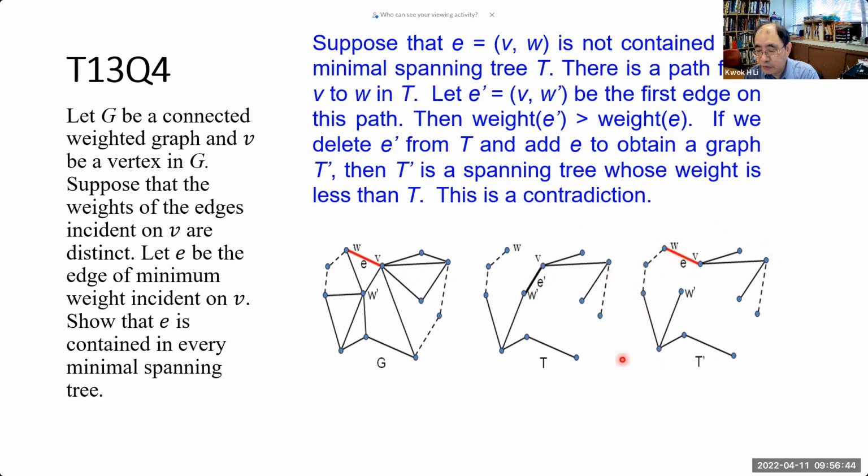You can see that this will have the total weight smaller than that. So this spanning tree cannot be the minimum spanning tree. So we have proved that it is impossible if you don't include it. The contradiction method we use very often. We assume that this is a minimum spanning tree, and later we somehow find the problem and verify that this cannot be a minimum spanning tree. So that means you must include that.